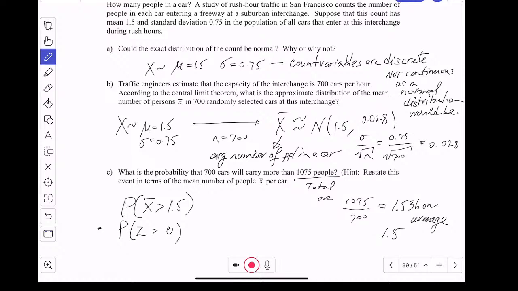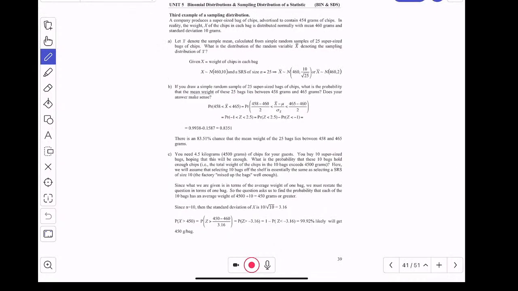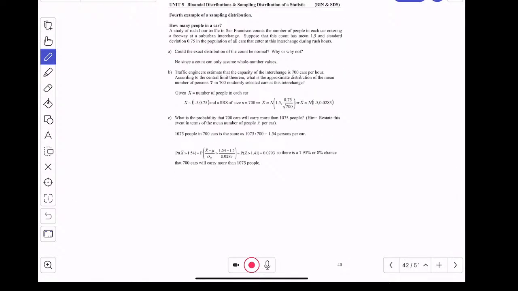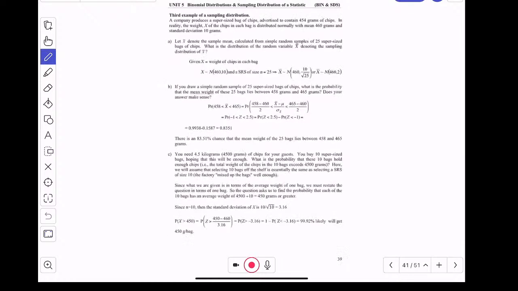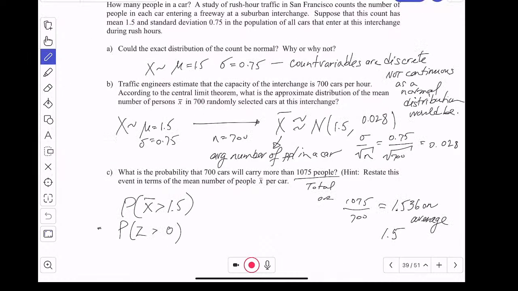Let me make sure I did that in the solutions so I don't confuse you. I used 2 digits. Okay, let's just do it that way. So I rounded this to 1.54, and this is the question I answered. So we have a little bit of work to do. It's not so easy.